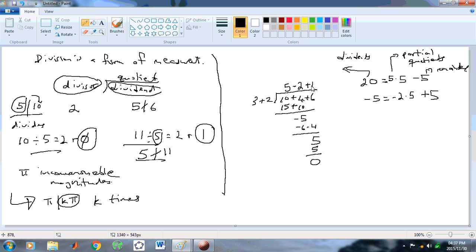And then of course the last one was 1, so then we'd have 5, which is 1 times 5 plus 0. So as you can see, this keeps moving here, this moves here, and so on, right? And naturally these quotients, partial quotients, correspond to these, don't they?